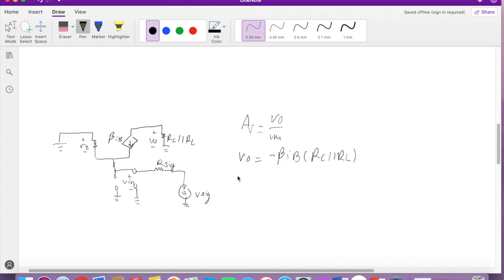Now for the Vin, we see we can't really just find any easy equations just like how we did here. What we have to do is KVL or KCL. In here, it's really simple, guys. We can just do a simple KVL around this loop.